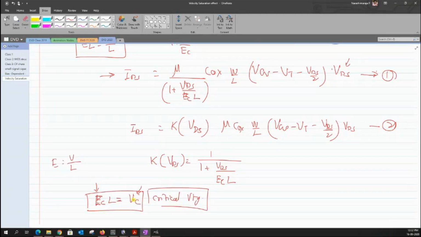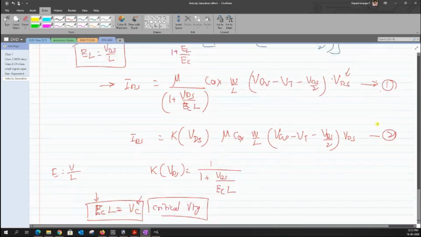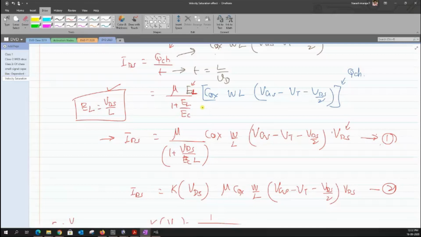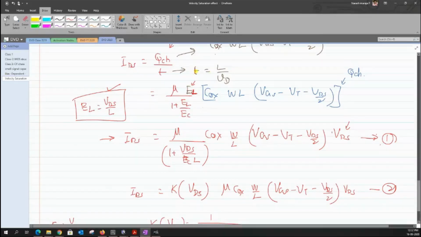Sir, in the previous expression, can you scroll a little upwards? There, when we substitute EL as VDS by L, the W into L becomes W, but then how come W by L? There is one more T sitting here, right?